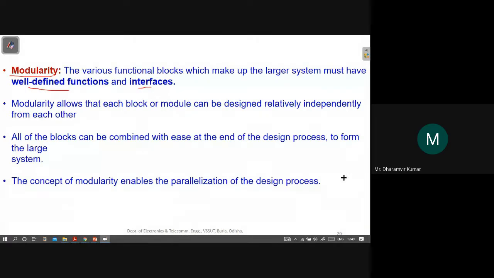In a large system, it will always happen that it consists of several small blocks. All of these small blocks, which make up the large system or the large chip, should have well-defined functions and interfaces, as much as possible.